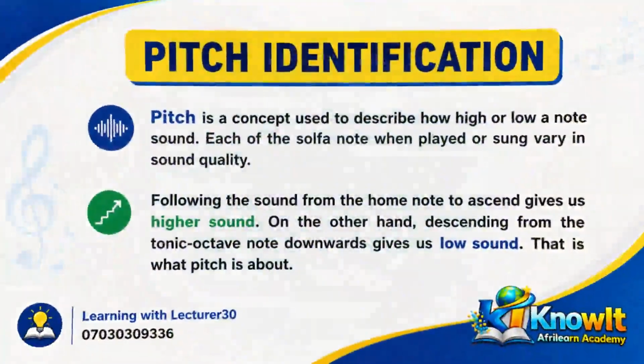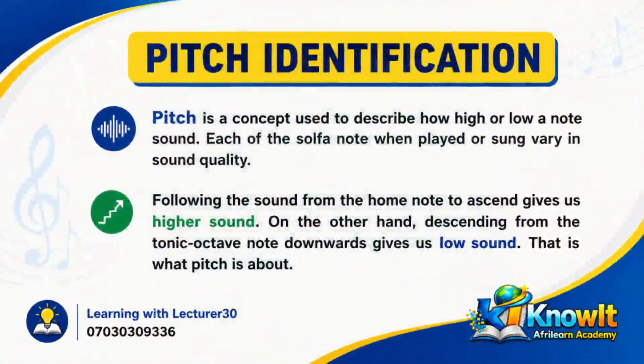Now, talking about how these sounds are perceived using the ear, we'll be interested in discussing the concept of pitch. And in my previous video, we talked about pitch as a concept used to describe how high or low a note sounds. Each of the solfa notes, when played or sung, varies in sound quality.